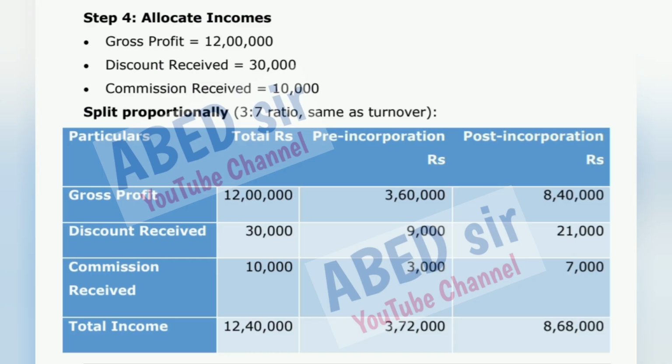Gross profit 12 lakhs, 3 lakhs 60,000, 8 lakhs 40,000. Discount received 30,000, 9,000, 21,000. Commission received 10,000, 3,000, 7,000. Total income 12 lakhs 40,000, 3 lakhs 72,000, 8 lakhs 68,000.